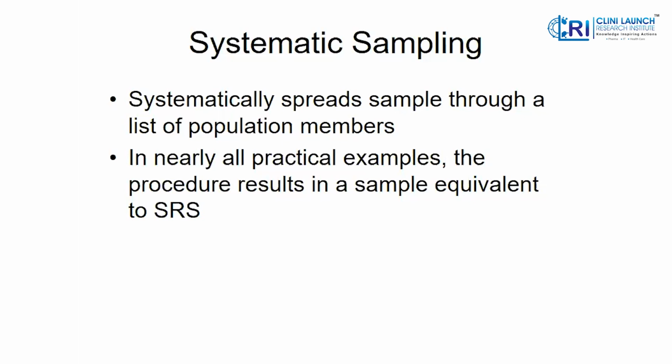By the name itself, you can see there is a structure, a system in selecting your sample from the population. So it systematically spreads the sample through a list of population members. In nearly all practical examples, the procedure results in a sample equivalent to simple random sampling.